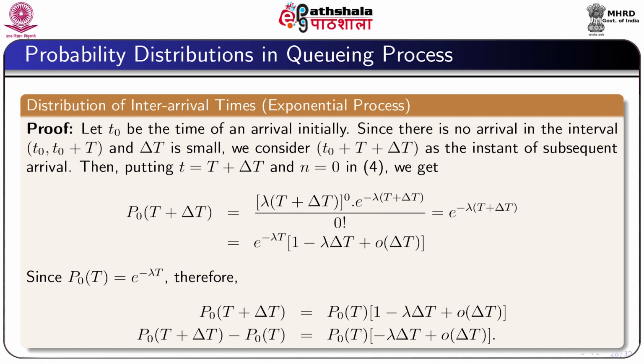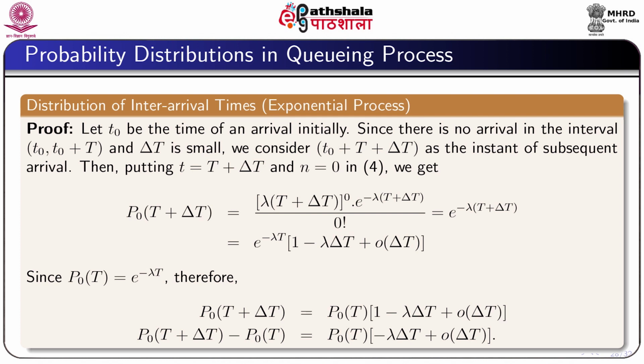For the proof, let T0 be the time of an arrival initially. Since there is no arrival in the interval T0, T0 plus t, and delta t is small, we may consider T0 plus t plus delta t as the instant of the subsequent arrival. Instead of considering T0 plus capital T, we consider here T0 plus capital T plus delta t as the instant of subsequent arrival, as delta t is small.